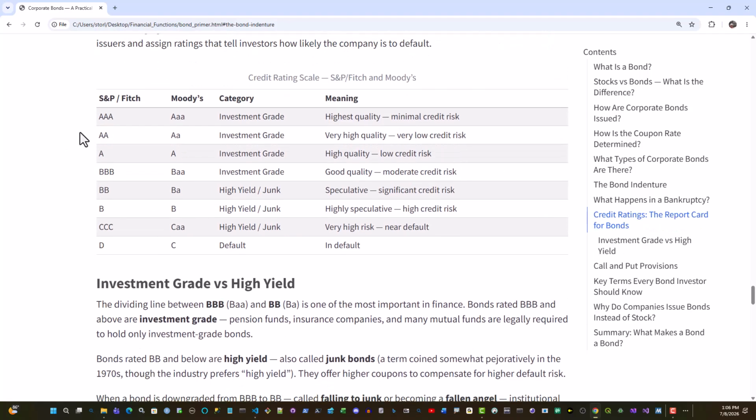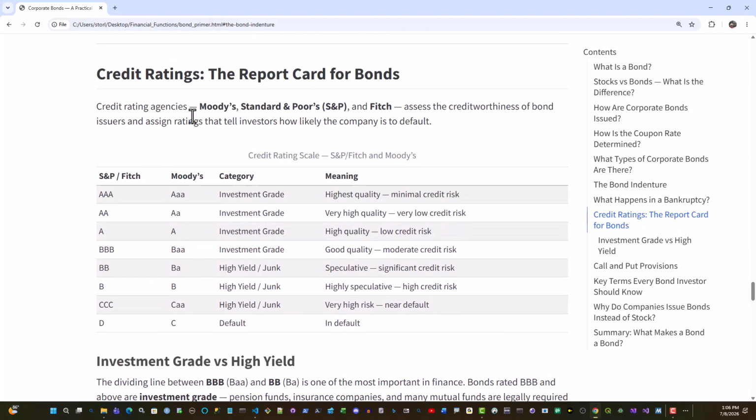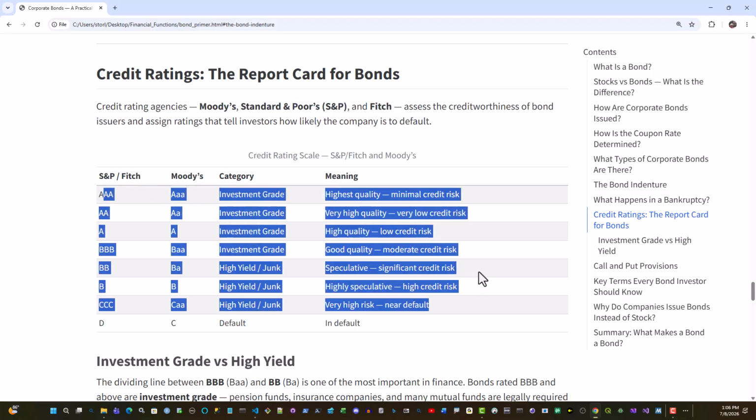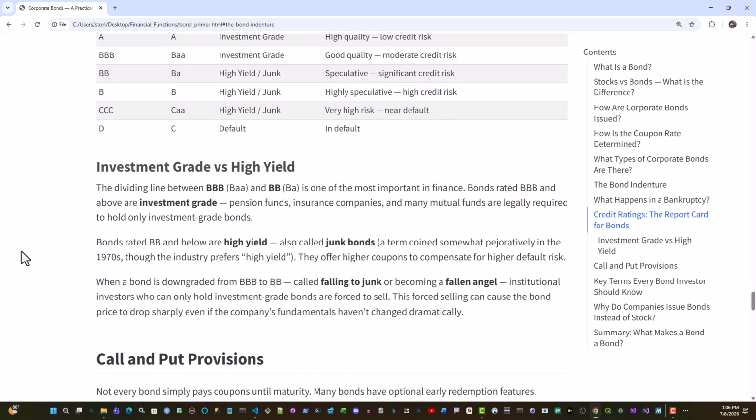So here are the credit ratings, and Moody's, Standard & Poor's, and Fitch will perform such ratings. And there's the breakdown of what is investment grade, what is not. But what is important is the dividing line between BBB or BAA and BB.